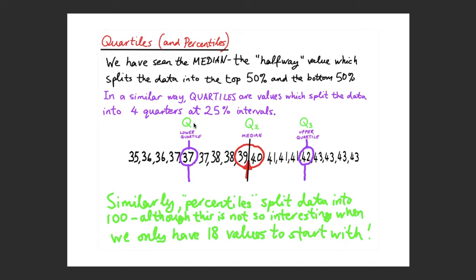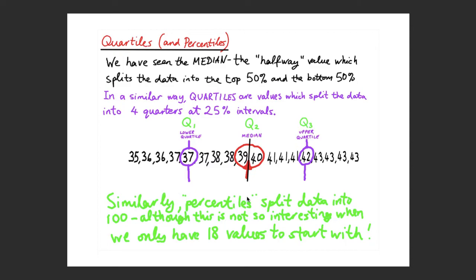The lower one of those is called the lower quartile, or Q1. The top one, that splits off the top 25%, is called the upper quartile, or Q3. And the middle quartile, you can call it Q2, but it's also just the median. So 3 values splitting the data into 4 parts are called the quartiles.